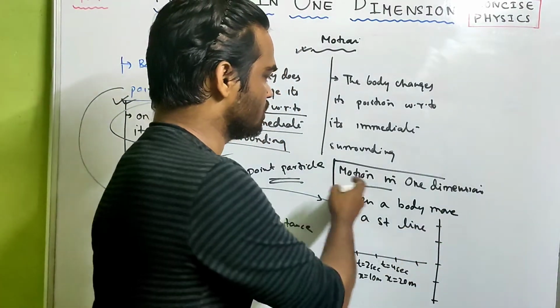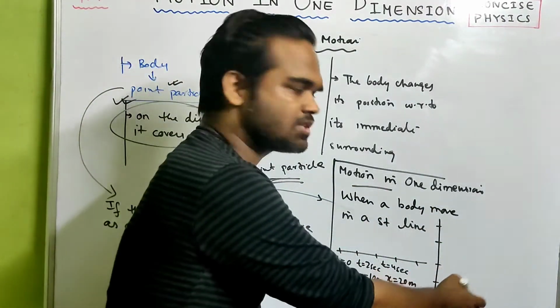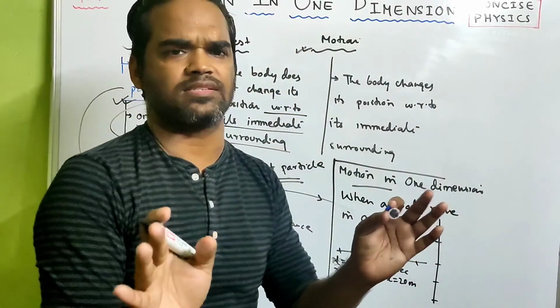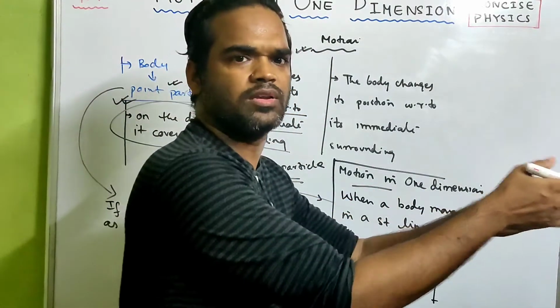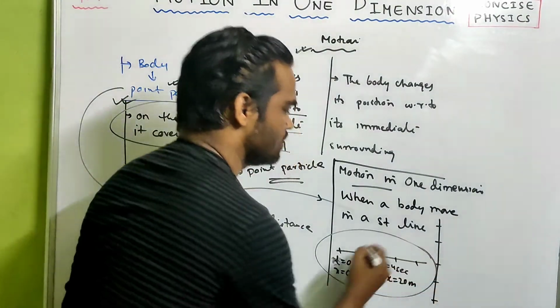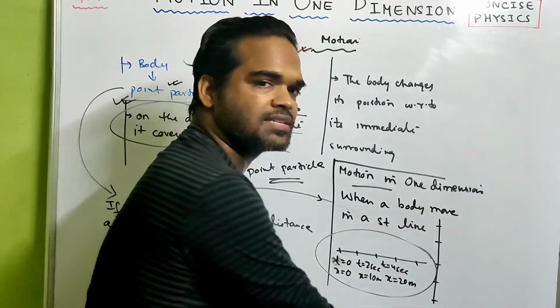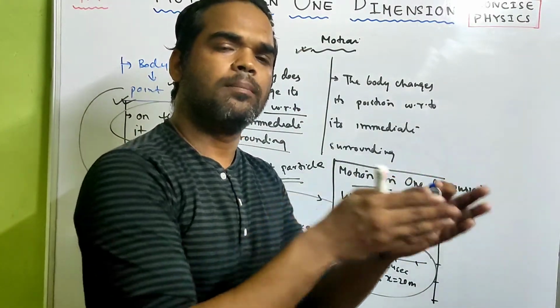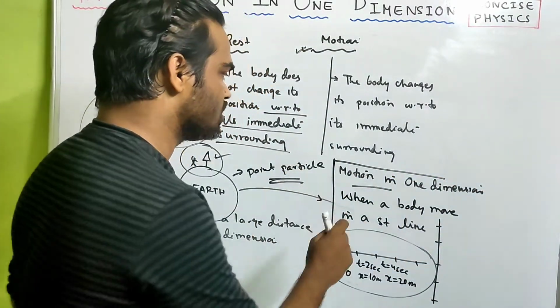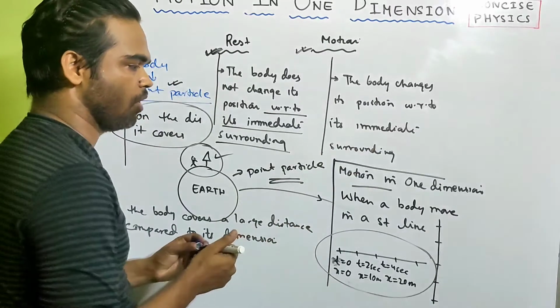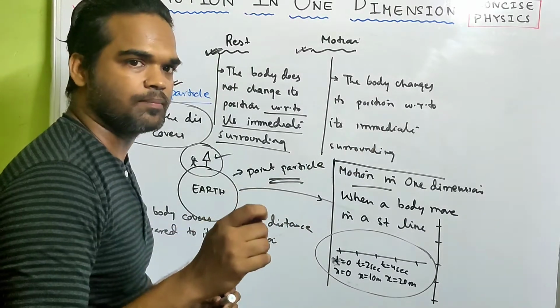You can express the motion in one dimension either by the x-axis or by the y-axis. You don't need both the axes. When a train is moving, you need only the x-axis. When something falls, you need only one axis, the y-axis, to describe its motion. So that is motion in one dimension, when the body moves in a straight line.